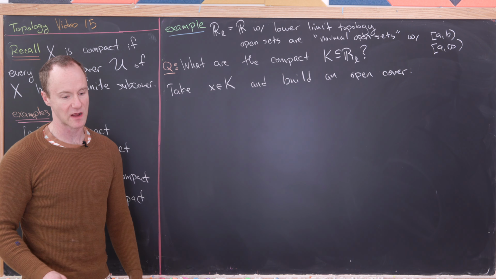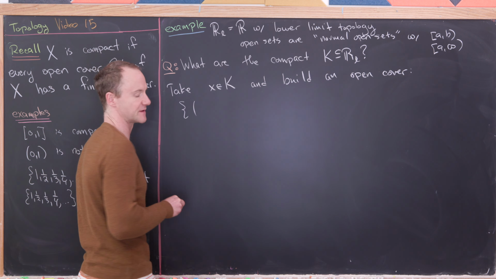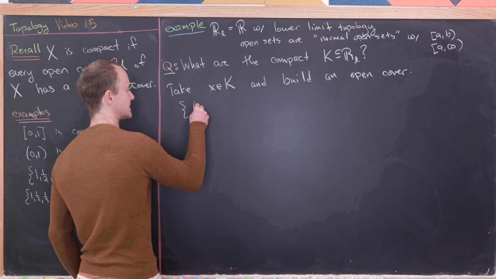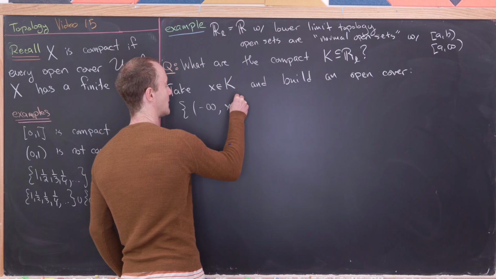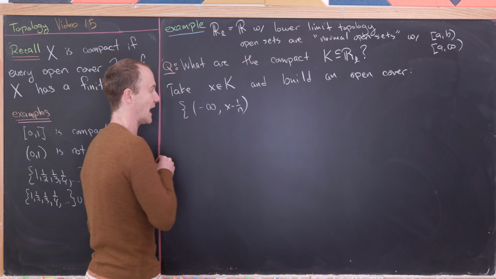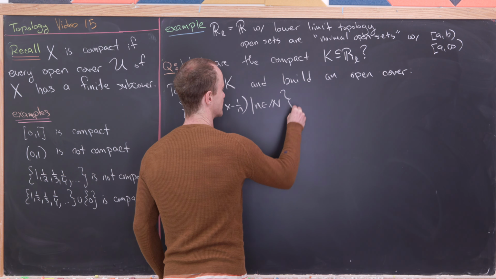And what's that open cover going to look like? Well, it's going to be made of two flavors of sets. The first set will go from minus infinity up to X minus 1 over n, and it'll be an open interval. And this ranges over all natural numbers.